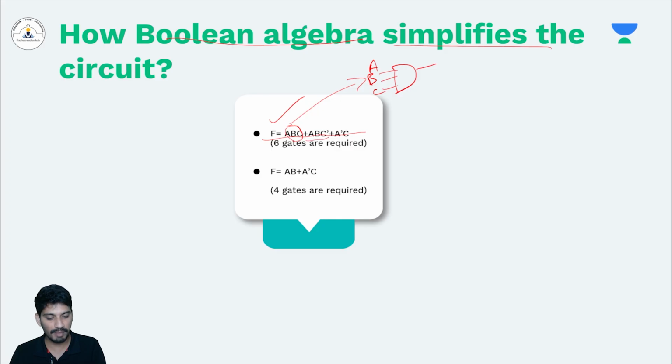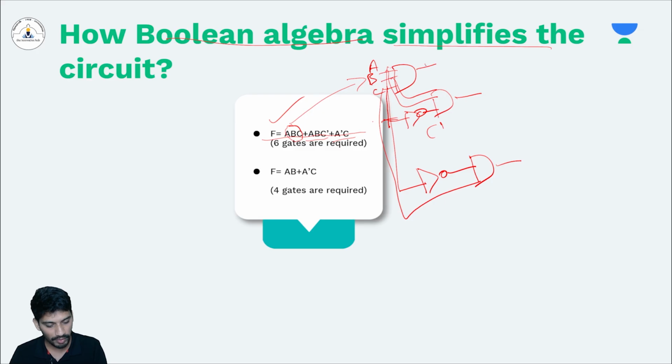And to implement abc bar, I will require a 3 input AND gate with an inverter also, because C is available, we don't have C bar. So we need to convert it through an inverter. C bar will come here and A and B will come here, right? And one more term I need to implement, a bar c. Since we have A, we need to convert it into A bar, and then we need to multiply with C, this C.